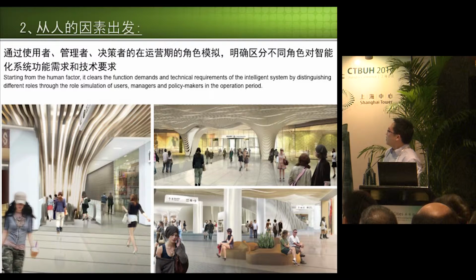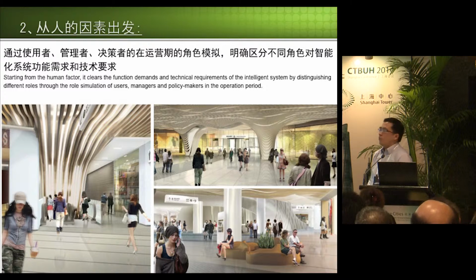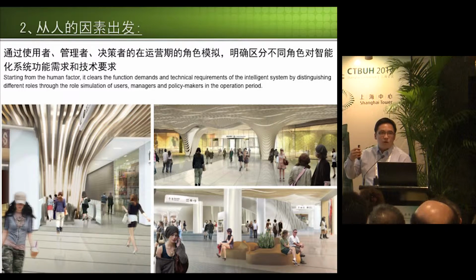We also have to make sure all these facilities and multimedia facilities are working in a very flexible fashion. It is based on people orientation. We also have to take into consideration the users, the managers, and decision makers in order to identify different requirements on both functions and technologies.